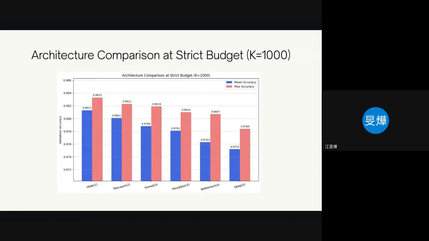The wide architecture with a single layer achieves the highest mean accuracy, the 2-layer is a close second, and the 5-layer deep one performs the worst. I think the reason is that we have multiplication between layers, and the signal might be multiplied many times in the process of transmission, causing the signal to become weaker and weaker.